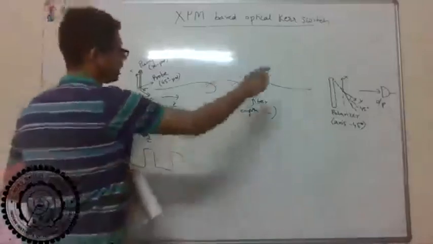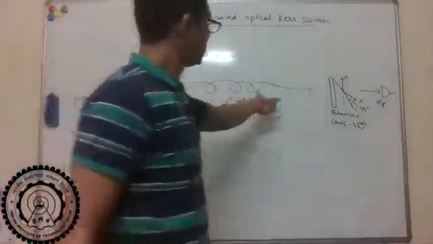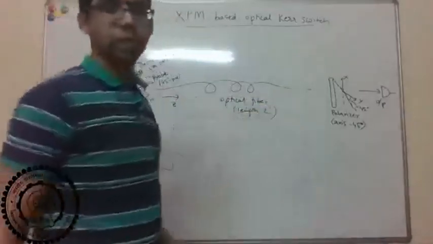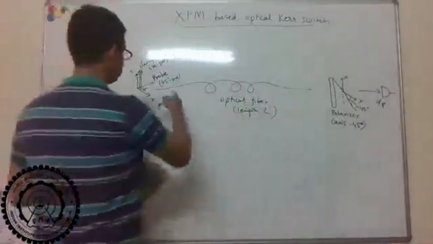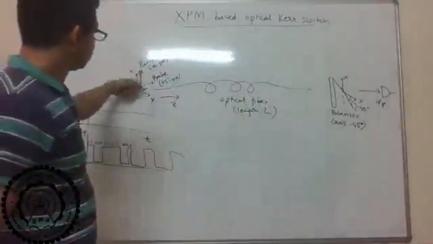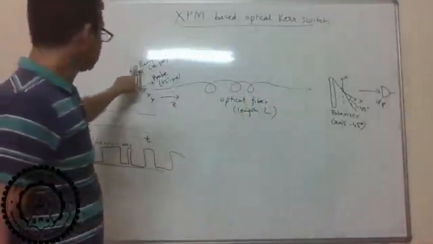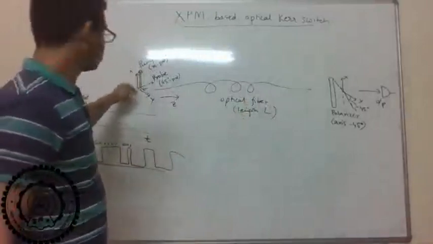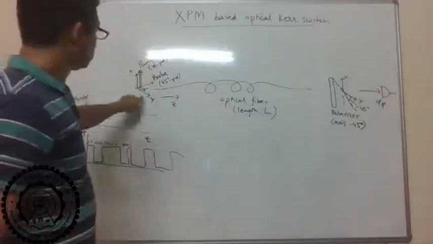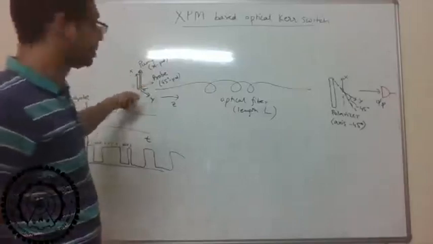So we can write what the cross phase shifts acquired through the fiber would be. The probe has two components along the Cartesian axes, X and Y. We can analyze the two polarization components independently and then combine them again.